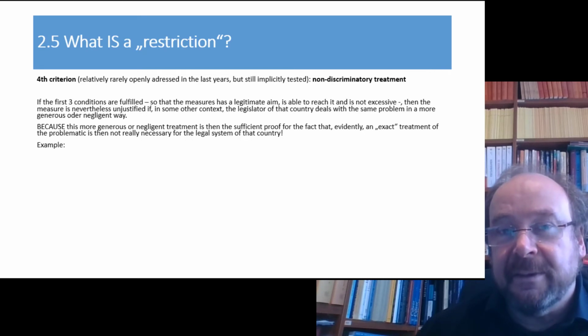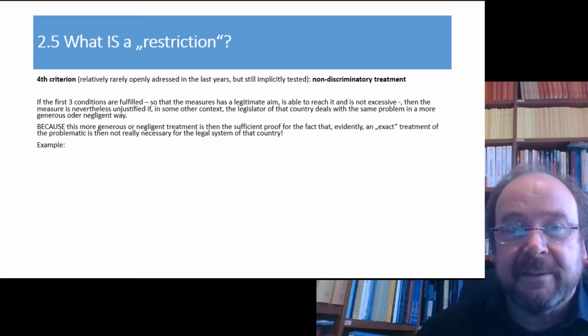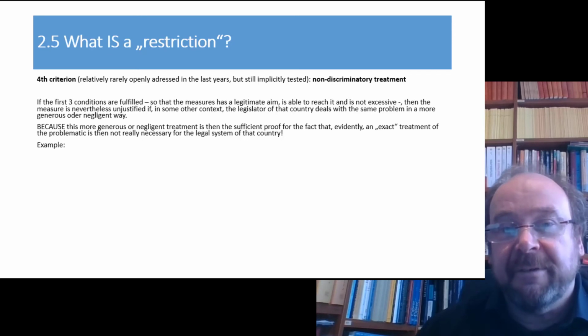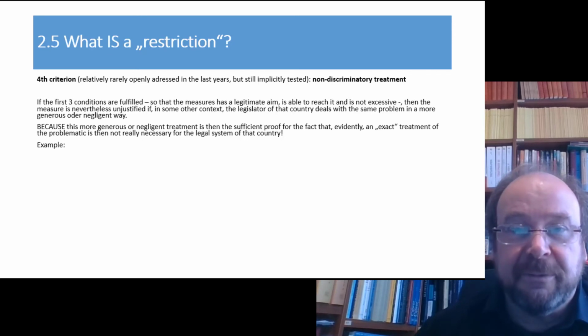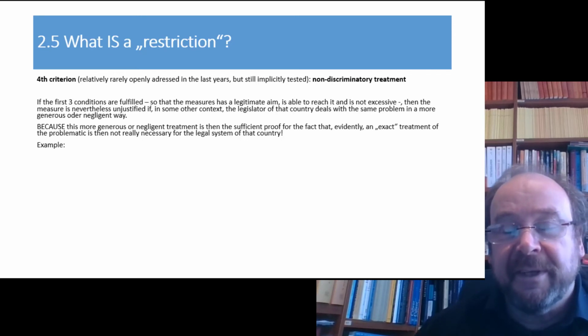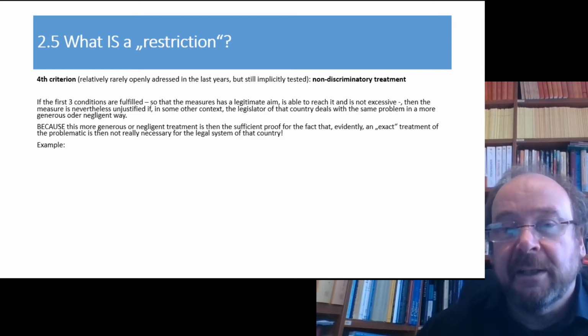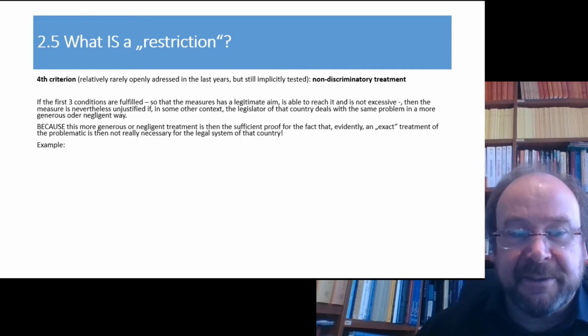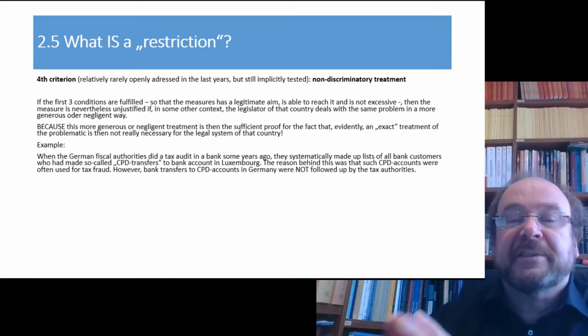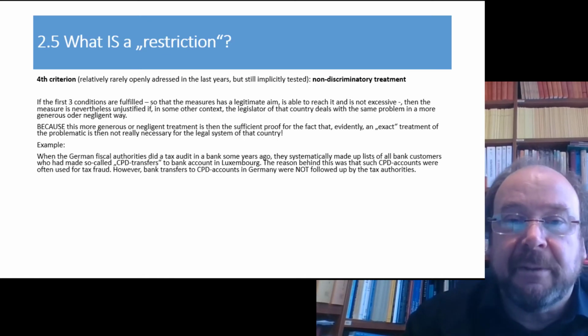That state itself admits it by having this more generous solution for other cases. They admit by that, okay, the exact solution is not really necessary because I renounce it in other constellations. Historically, there was a nice example.